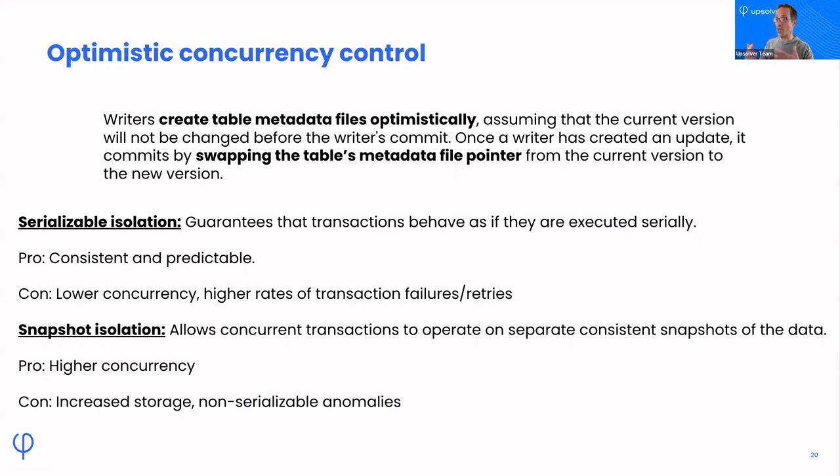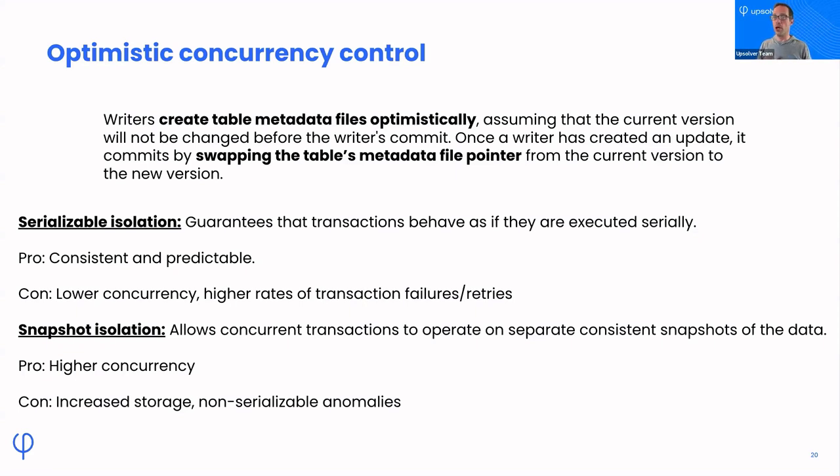Or I will see, hey, what changed? Can I still apply my changes, or are they overlapping with the changes that somebody else made? If they're overlapping, I'm going to fail, and I'm going to let the user figure out what the problem was. If they're not overlapping and they can operate on their own, then I will just reapply my updates, create a newer snapshot, and advance the table that way. All right.